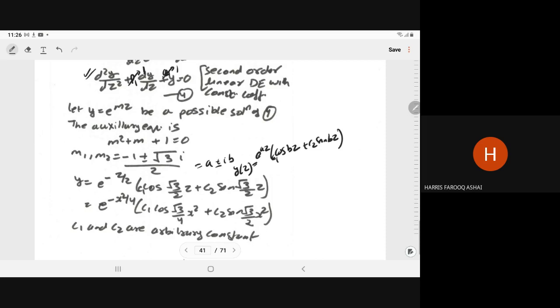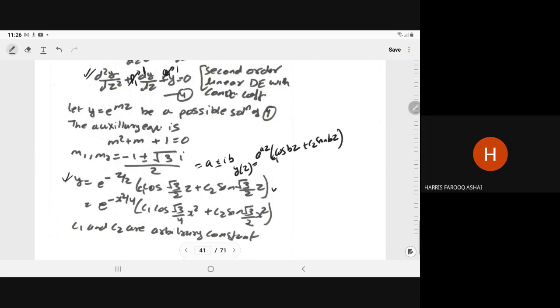So here y will come e to power az. A is equal to minus 1 by 2, so e to power minus z by 2 into c1 cos of bz, where b is root 3 by 2, so cos of (root 3 by 2) z plus c2 sine of (root 3 by 2) z.